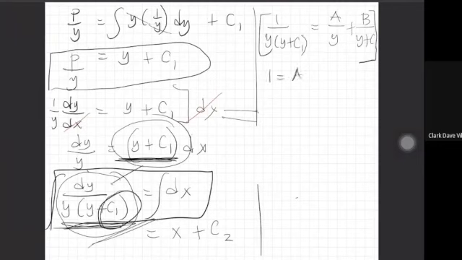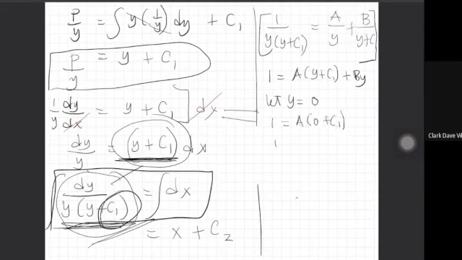And so we have a times y plus c sub 1 plus b times y. We let y equal 0 so we can solve for a. So a times 0 plus c sub 1, so a is actually equal to 1 over c sub 1.